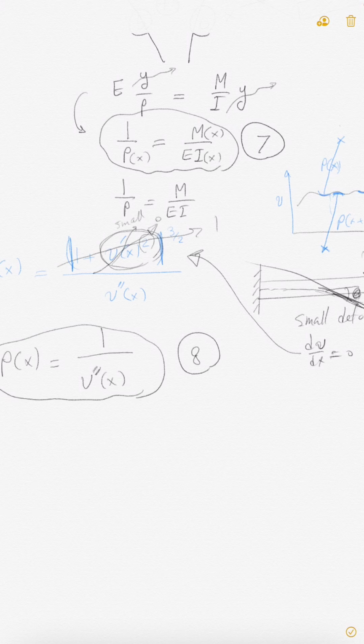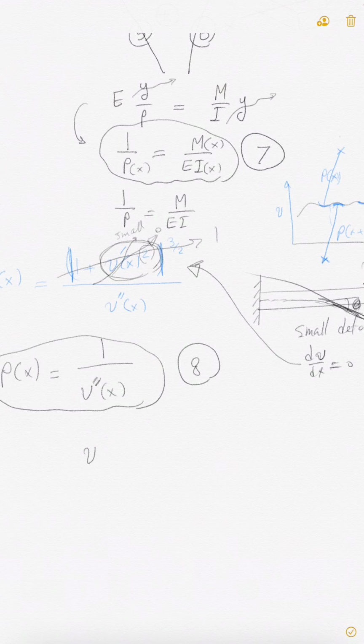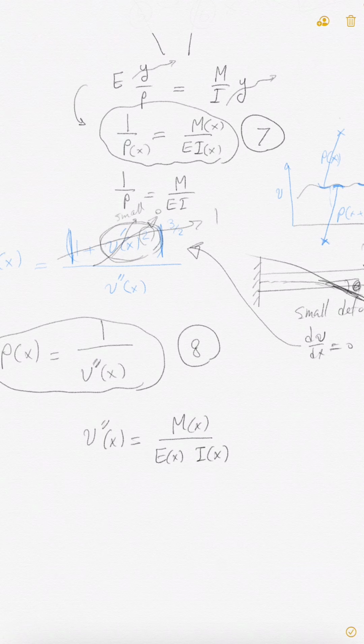Now if you put it there and bring it to the top, you get the second derivative of v of x is equal to M at any x divided by E at any x times I at any x in general. That means the second derivative of deflection is equal to moment divided by Young's modulus times the cross-sectional moment of inertia, measured with respect to the centroid.